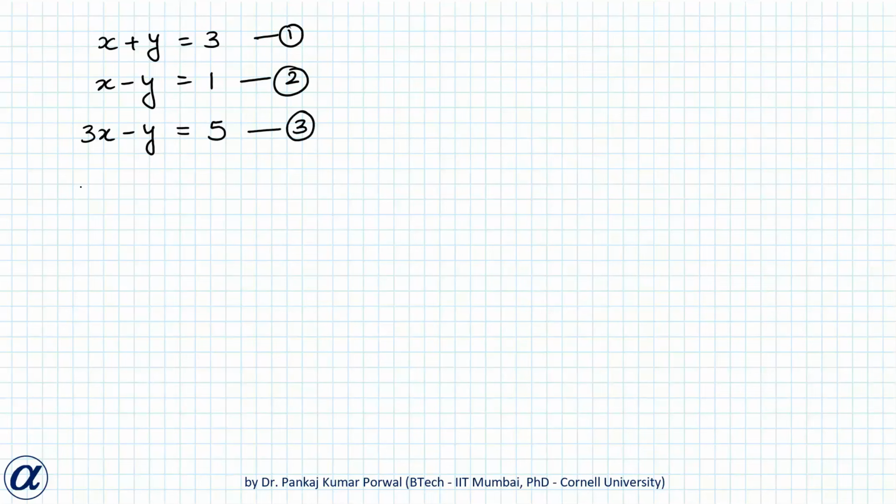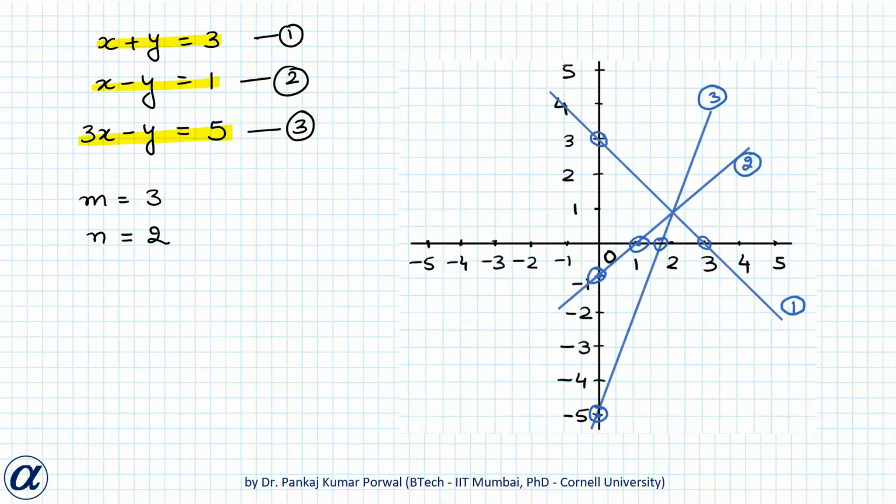And here note that in this case also the number of equations m is equal to 3 and the number of unknowns n is equal to 2 and m is greater than n. Now if I plot these three lines in 2D plane, then I get equation 1 represented by line number 1, equation 2 represented by line number 2, and equation 3 represented by line number 3.